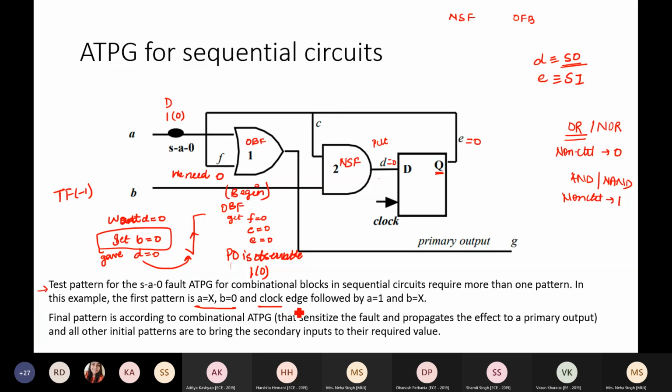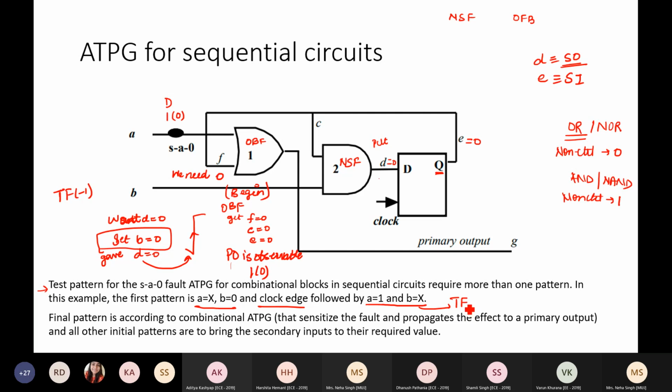Then there is a clock edge and then what is my test pattern? Here I need to have this fault propagated, so I need to have A equal to 1, B can be anything. So at this time A equal to 1 and B is X. So this means my time frame 0. 0th time frame is the time frame at which my fault is observable.